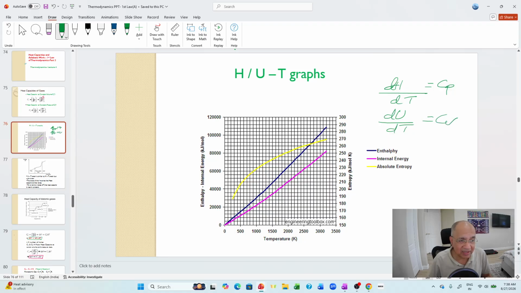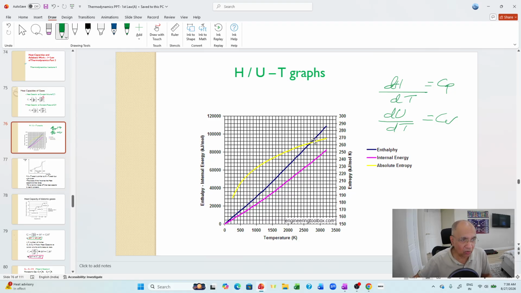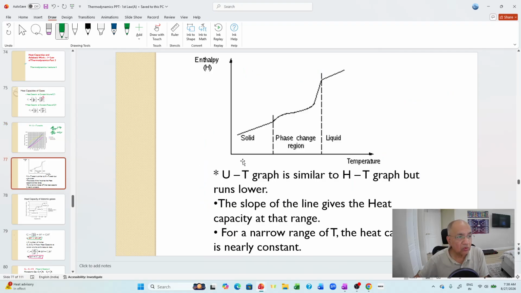This is for gases; usually they don't change. Now look at the solid state: the heat capacity remains constant. But the moment there is a melting transition, there is an inflection point, it changes to a higher value and then remains constant. Again, when there is vaporization, boiling, it again goes to an inflection point and then carries on.